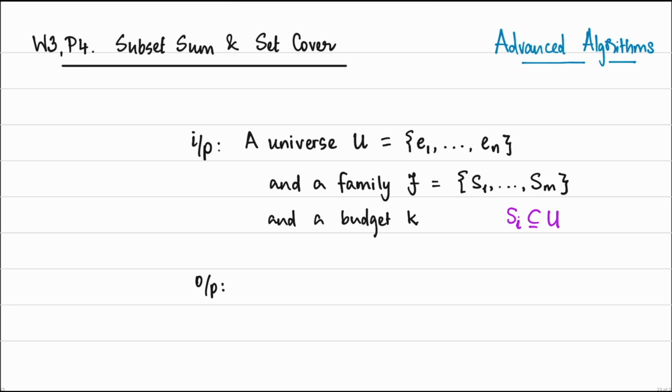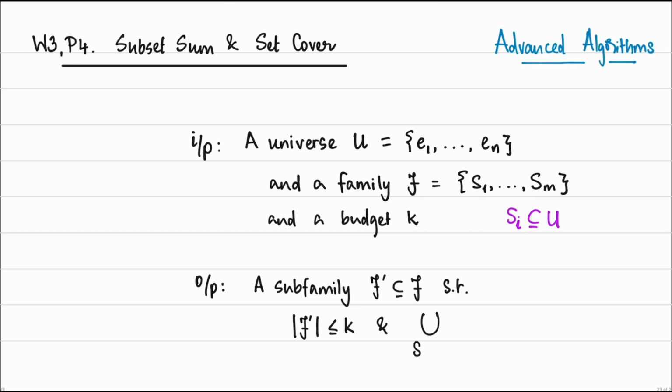And what we are looking for is a subfamily F prime of F such that the subfamily only has at most k sets and it covers the entire universe, by which I mean that if you took the union of all the sets in the subfamily F prime, then you would actually get the entire universe.